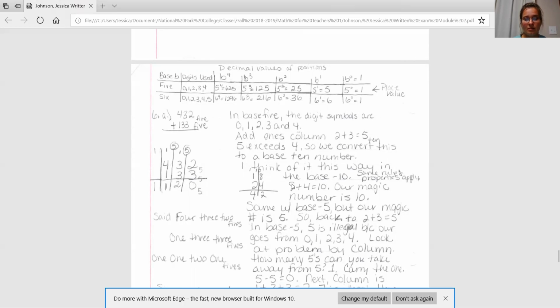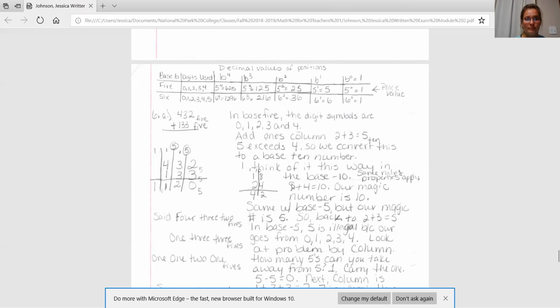Base 10, in the first place value, you can only use 0 through 9. With base 5, you can only use 0 through 4. And its place values from right to left are 1, 5, 25, 125, 625. And it can just keep going and going and going. Just multiply by 5.